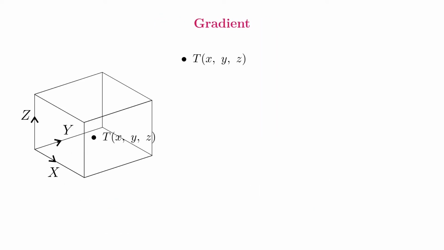The gradient. To understand gradient, consider a room as shown in this figure. We are going to measure the temperature in this room. We set up a system of axes at one of the corners. The temperature T is a scalar field and is a function of x, y, and z.